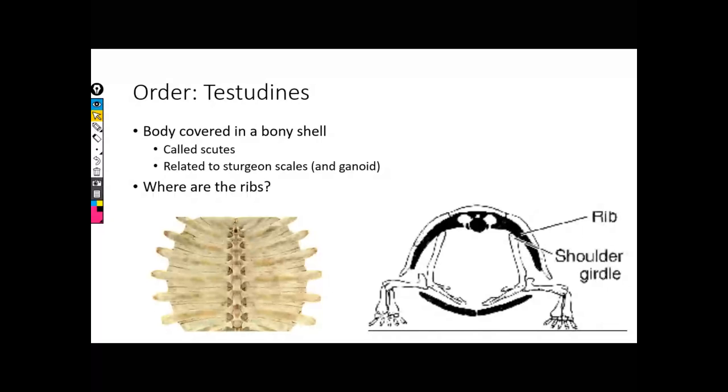Then we also said they have to have an axial skeleton, the bones that run up the middle of your body, a spine and ribs and all of that stuff. But they weren't super obvious if we think about having done our dissections last week. So at the very end of class, we reminded ourselves that our axial skeleton, the ribs and the spine, exist, but they're fused to that shell.